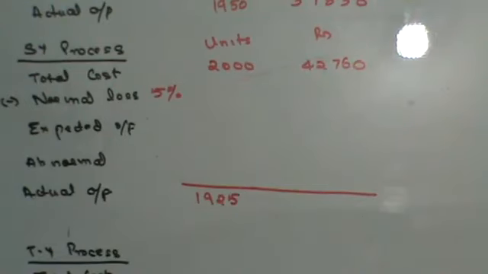Right? This addition is 42,760 when you add the amounts. Fine? No, I think it should be more. Someone just add and check it's correct. Okay.